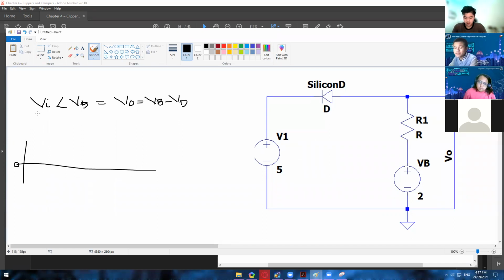Okay. So of course, we will have another scenario wherein VB is greater than VI. If that is the case, VB is greater than VI. Wait a second. VI is less than VB, which is VO is equal to VB minus VD. Right. And then VB is greater than VI, or the voltage input. The VO, our reading, is the same.